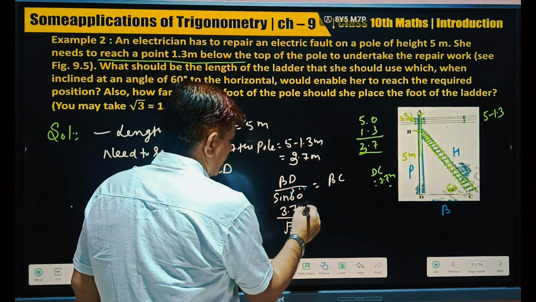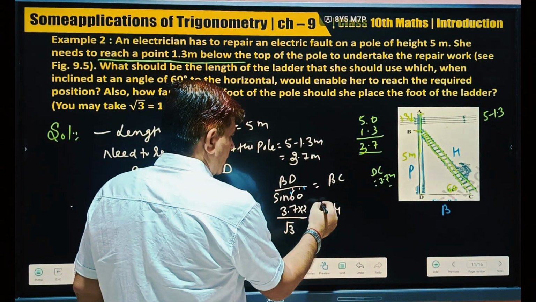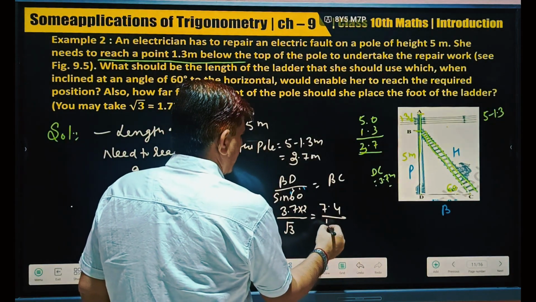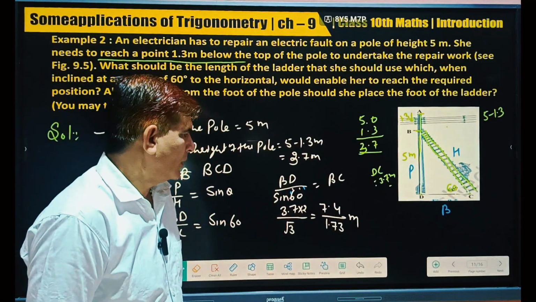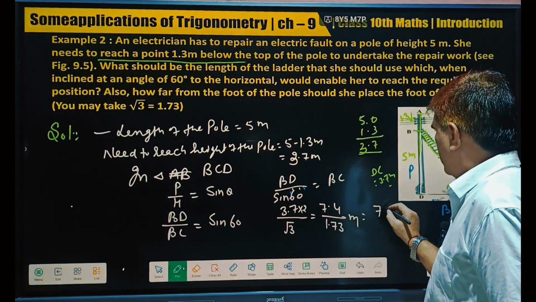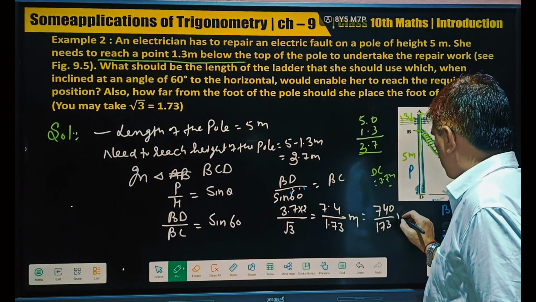Root 3 by 2. So 3.7 into 2 is 7.4, divided by root 3. What's the value of it? 1.73. So we can write this as 740 by 173.